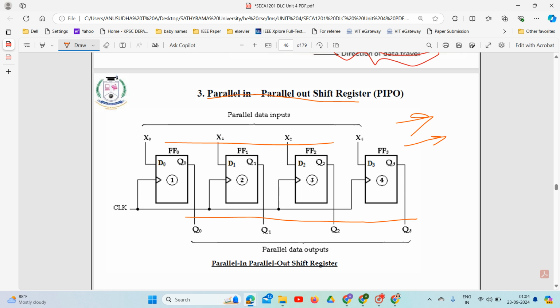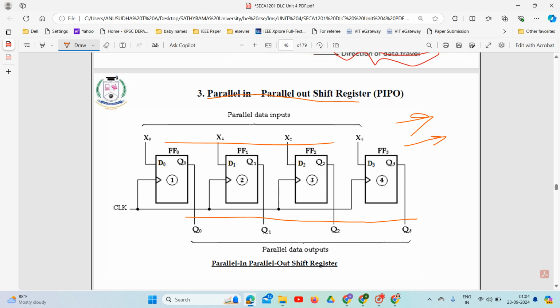All the flip-flops are triggered at a time. So we are transmitting the data for each clock pulse. We are transmitting all 4 inputs at a time for each clock pulse and receiving the data at a time.